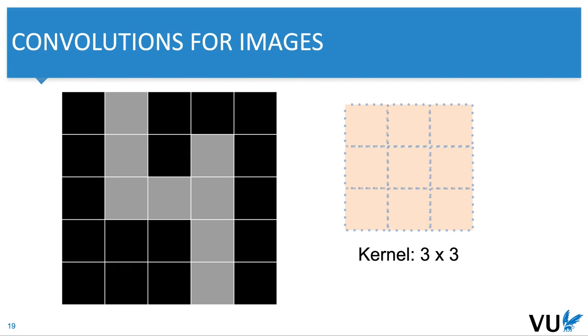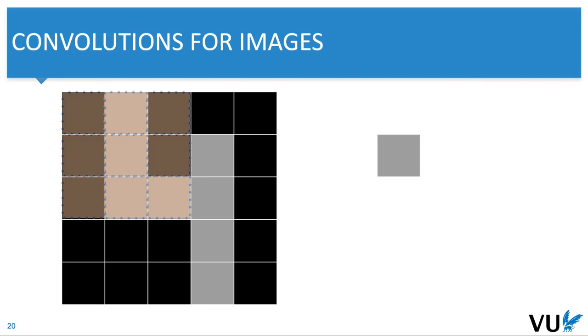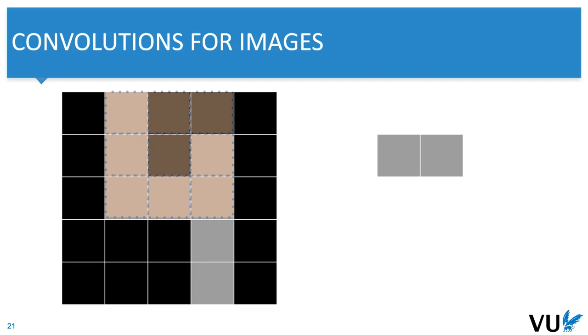This kernel is a small fully connected neural network that will be applied element-wise. So in every single cell on the right figure, we have some values, okay? And we simply apply it to this region, as depicted on the left. And this produces some value.